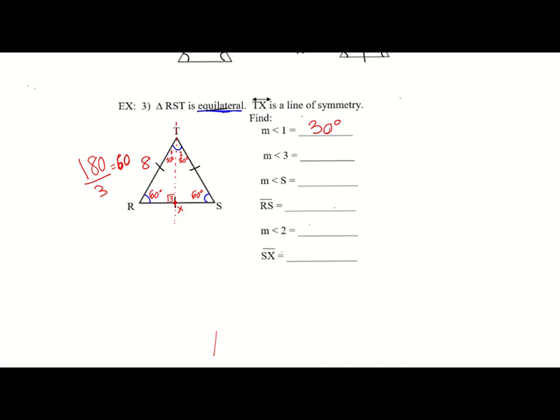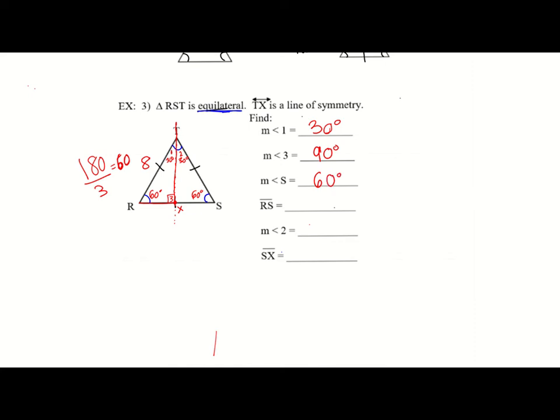My angle 3 is this angle RXT. And again, if I know that that line through the middle is my perpendicular bisector, angle 3 is an easy one. That is just 90 degrees. Then angle S, I already wrote that in there because I know that all 3 angles were 60 degrees, so I can just write in 60.